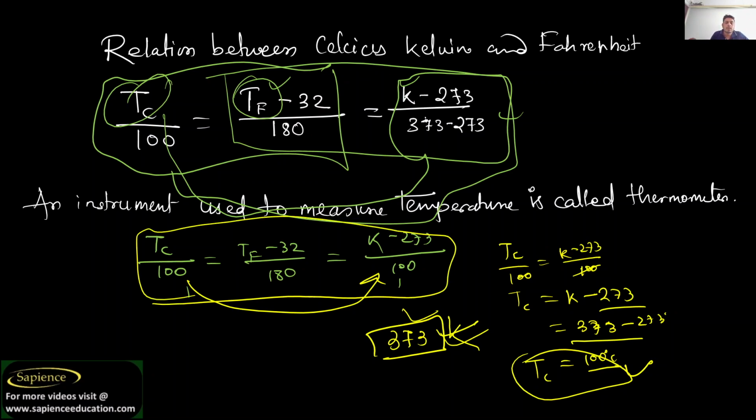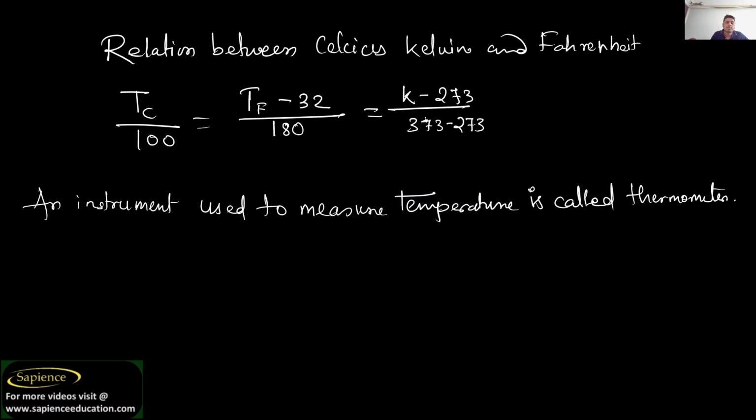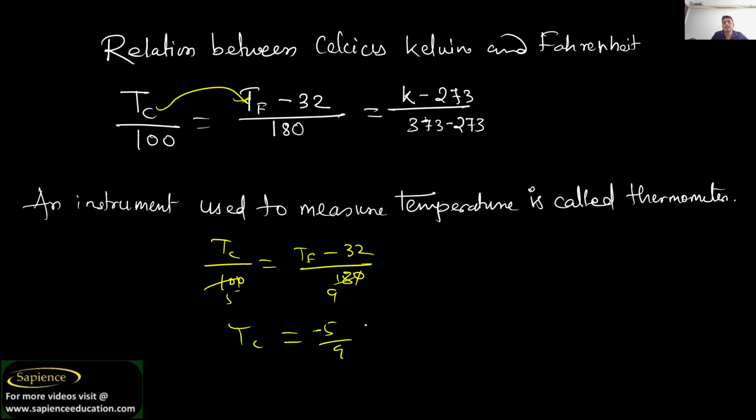Whenever you get time, try to use this formula so that you are able to convert degrees Celsius to Fahrenheit. So let us consider temperature in degrees Celsius divided by 100 is equal to temperature in Fahrenheit minus 32 divided by 180. So 2 9s are 18, 2 5s are 10. So temperature in degrees Celsius is equal to 5 by 9 into Fahrenheit temperature, that is F minus 32.